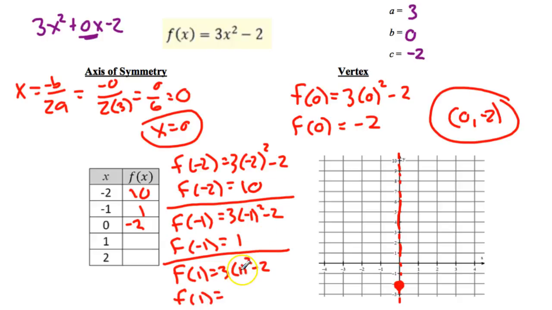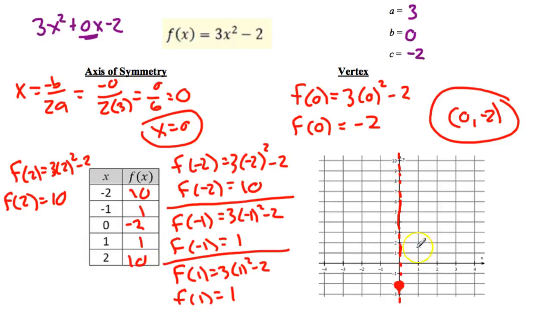So 1 squared is 1. 1 times 3 is 3. 3 minus 2 is 1. Interesting. The last one I'll do, f of 2. 3 times 2 squared minus 2. This looks similar to that one. 2 squared is 4. 4 times 3 is 12. 12 minus 2 is 10. So that one is 10.